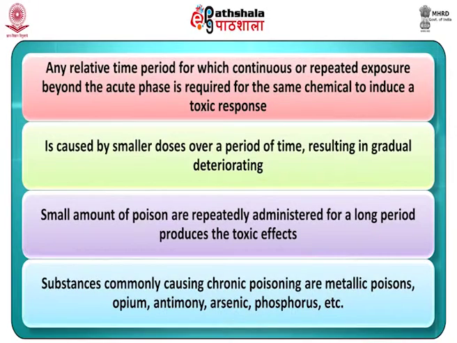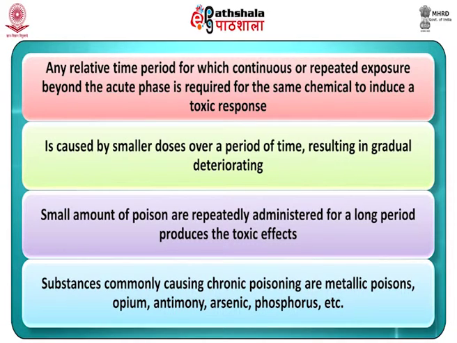Chronic. Chronic exposure is a relative time period for which continuous or repeated exposure beyond the acute phase is required for the same chemical to induce a toxic response. Chronic poisoning is caused by smaller doses over a period of time, resulting in gradual deterioration.